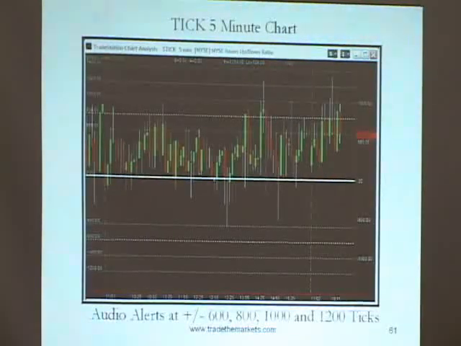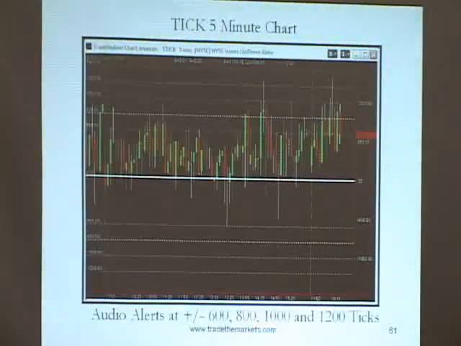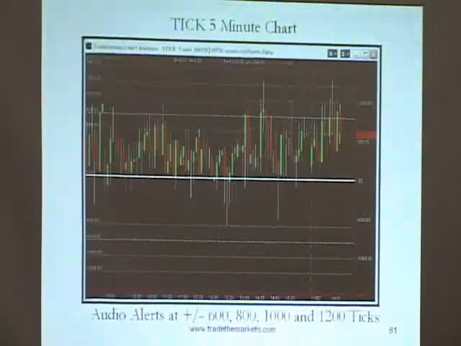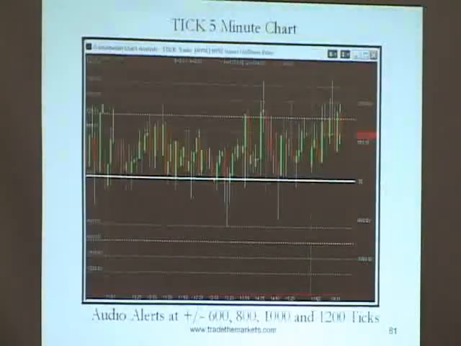But I use a candlestick chart here so I can clearly see where the ticks have gone and where they've been. One of the things we'll talk about later is trying to catch tick hooks. If you use a line chart to try to get the audio alerts, it's not going to work because a line chart is line on close.